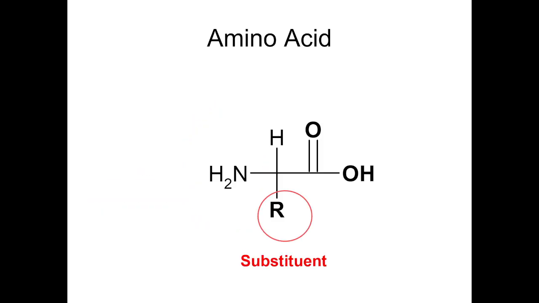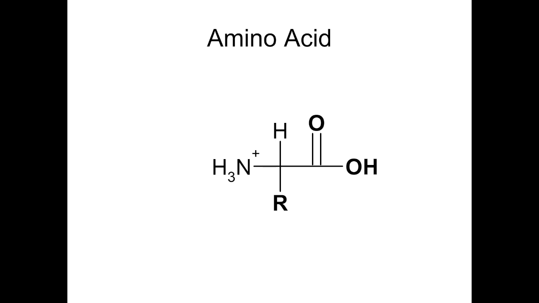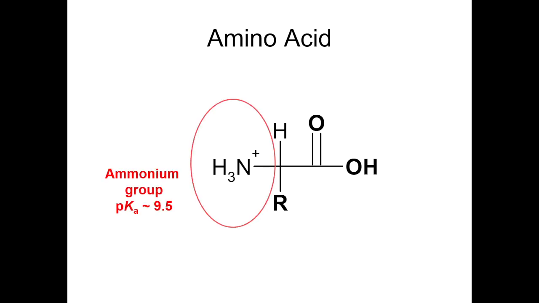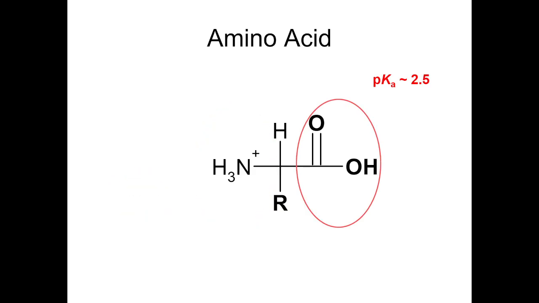So that's the substituent, of course, the R group. You all know that because you had my biochemistry. The ammonium group is going to have a pK of 9.5. It's basic. In neutral water, it's going to get a proton on it, right? It'll act as a base, giving you conjugate acid. The carboxyl group is going to have a pK of 2.5. So at a pH of 2 to 2.5, it's going to be protonated, right?